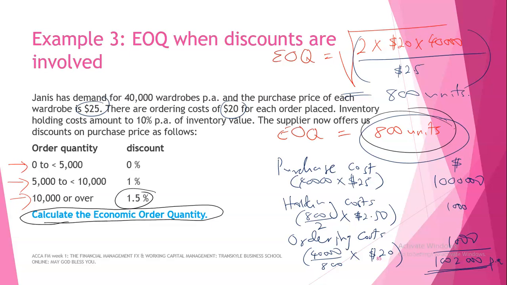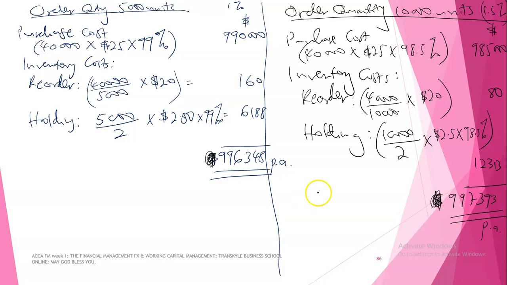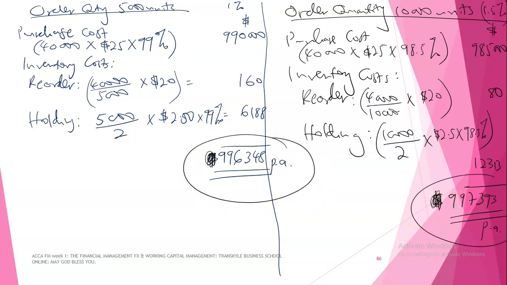So you were supposed to then evaluate the total costs given a situation where there was no discount, where we obtained this first figure, this amount of 1002, and then comparing it with this one and that one.